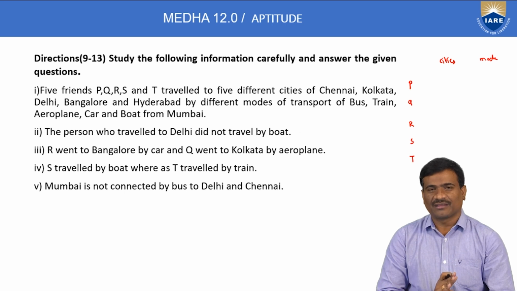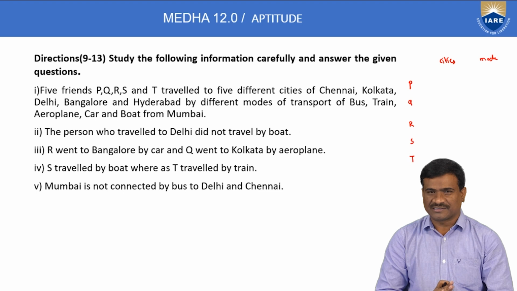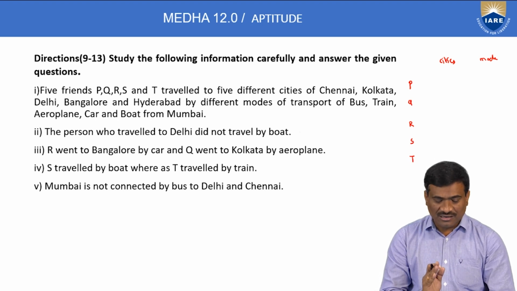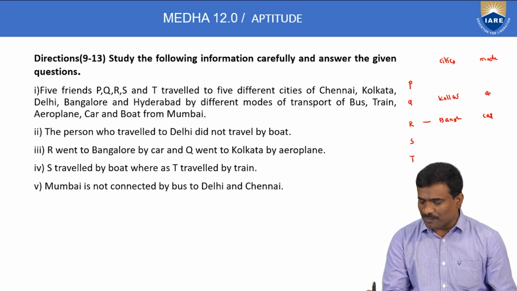First, fill in the basic information from the statements. That is, R went to Bangalore, the city, and also the mode of transportation, car. Q is also given, by aeroplane.